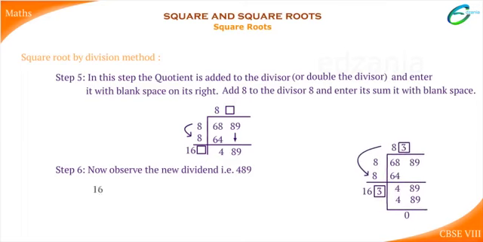In this case, 161 into 1 is equal to 161. 161 is less than 489. 162 into 2 is equal to 324. 324 is near to 489, and 163 into 3 is equal to 489. 489 is exactly suitable, so now the new digit in the quotient is 3. Get the remainder. Since the remainder is 0 and no bar is left, therefore the square root of 6,889 is equal to 83.